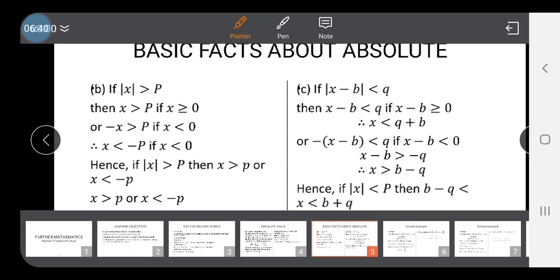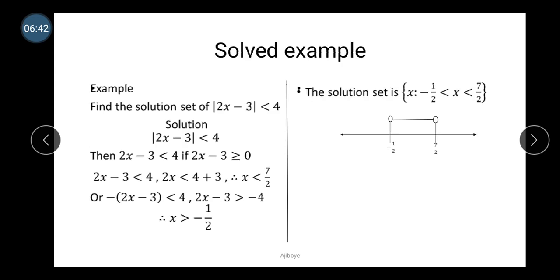So, let's look at the example. Find the solution set of the absolute value of 2x minus 3 less than 4. We have said that 2x minus 3 is less than 4 if 2x minus 3 is greater than 0.